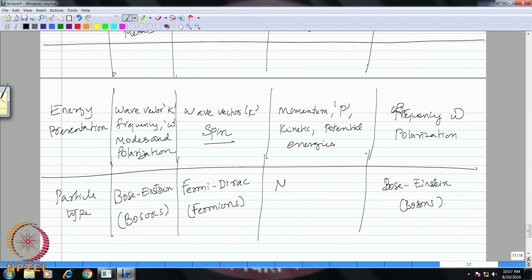Now molecules, these are governed by what is called the Maxwell-Boltzmann distribution.